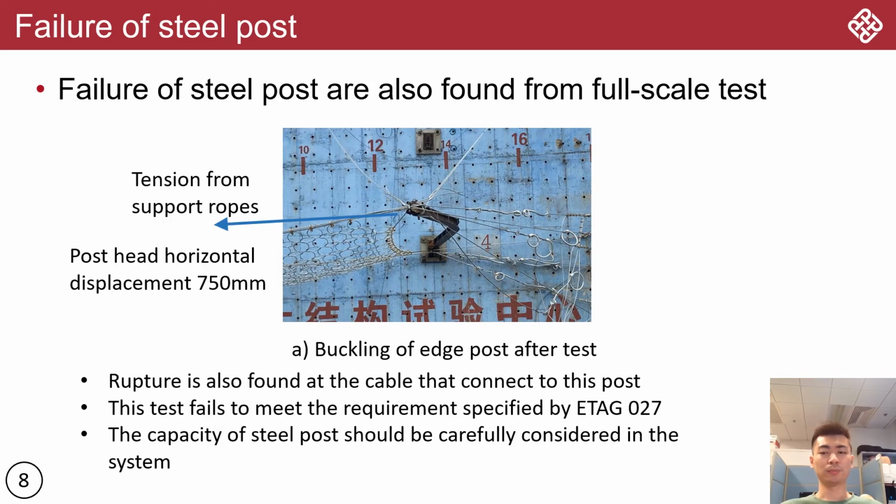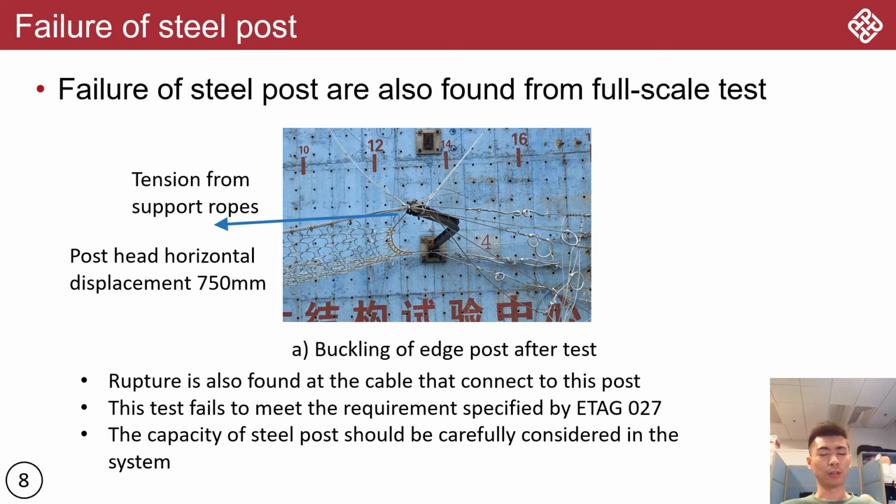This figure shows the detail of the deformed edge post of the test. During the test, the post will suffer a tension force from the left side. And finally, the post head displaces leftward for about 750 millimeters.